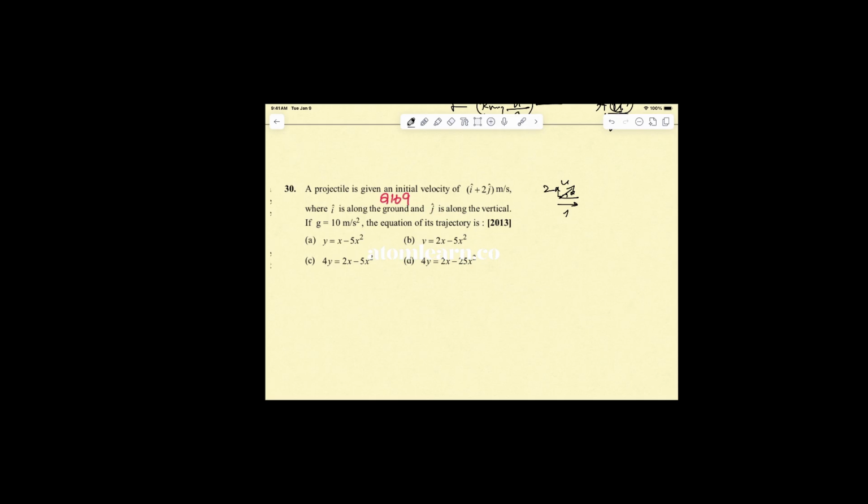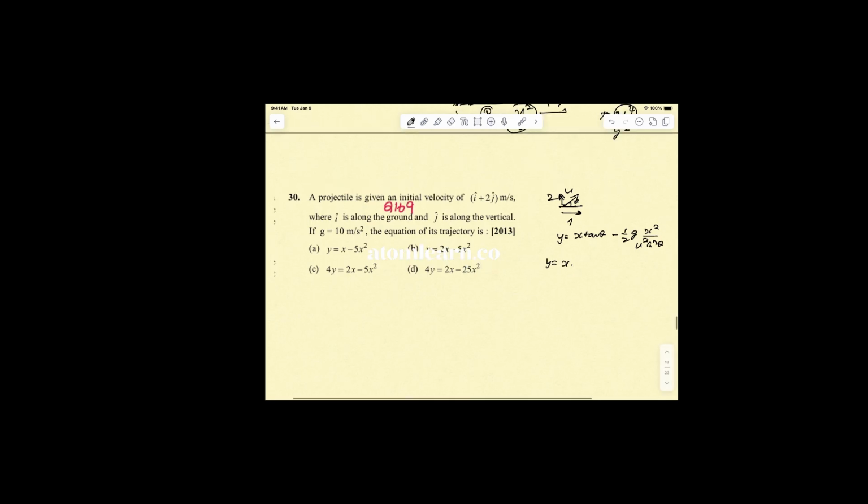The equation of the trajectory is given by the standard formula: y is equal to x tan theta minus half of g x squared by u squared cos squared theta. Now y equal to x into tan theta. Tan theta is uy divided by ux.